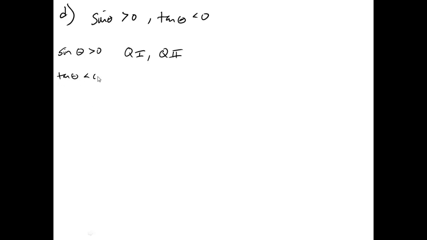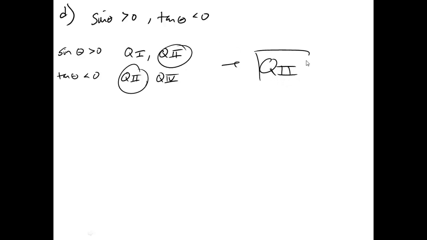Tangent theta being less than 0 tells me tangent is negative. That only happens in quadrants 2 and 4, because tangent is positive in the first quadrant or in quadrant 3. So the only one common to both lists is quadrant 2. Alright, so theta would be in quadrant 2 here. Alright, so we can use information about the angles to figure out which quadrant it lies in.